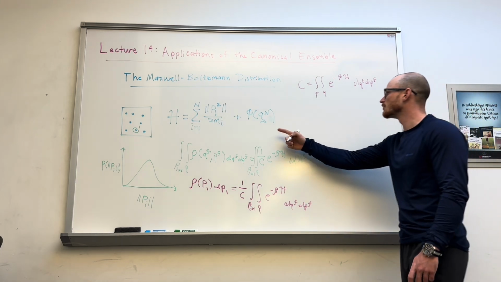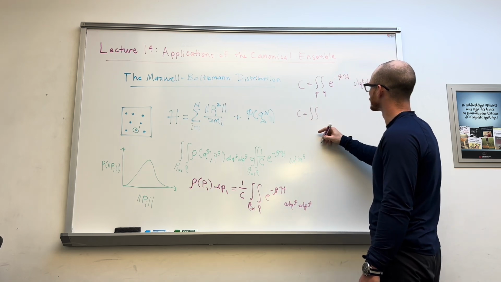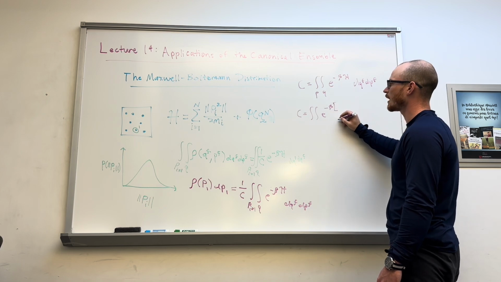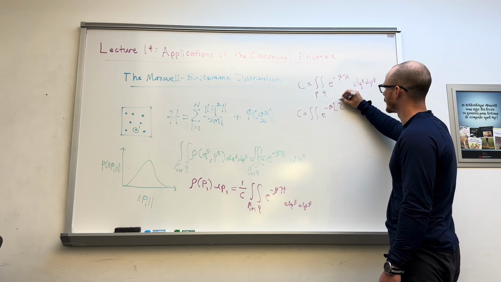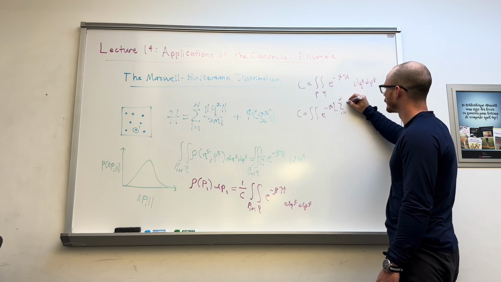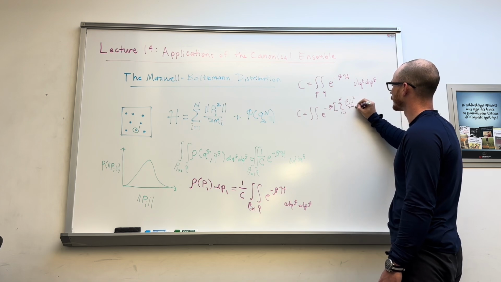Well, let's substitute in our Hamiltonian. We now have C equal to this double integral of e to the minus beta times this summation from i equal 1 to N of p_i squared over 2m_i.